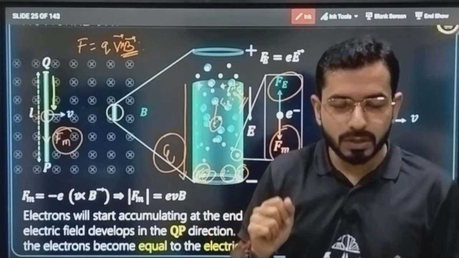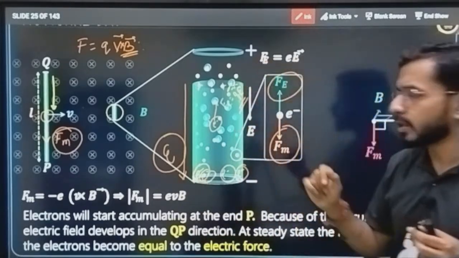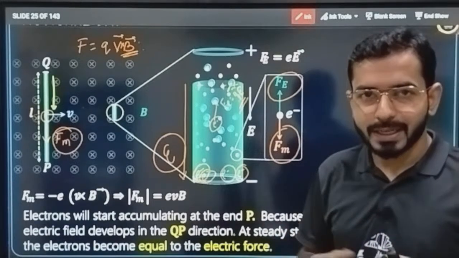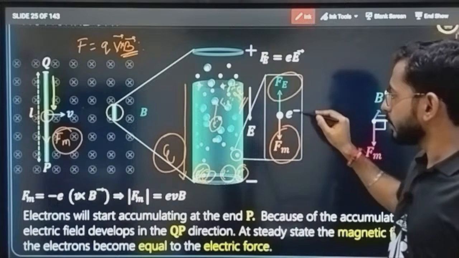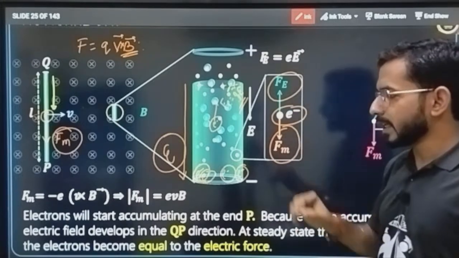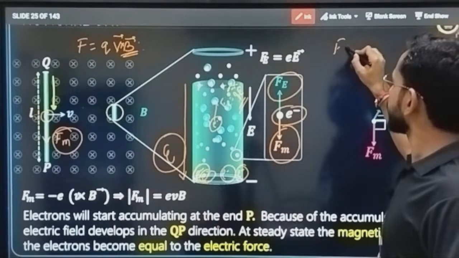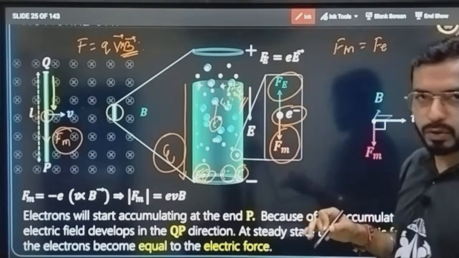If the electric field magnitude is increasing, my electrostatic force in the upward direction is also increasing. Correct? So there will be a moment where it achieves equilibrium, where the magnetic force equals the electrostatic force.